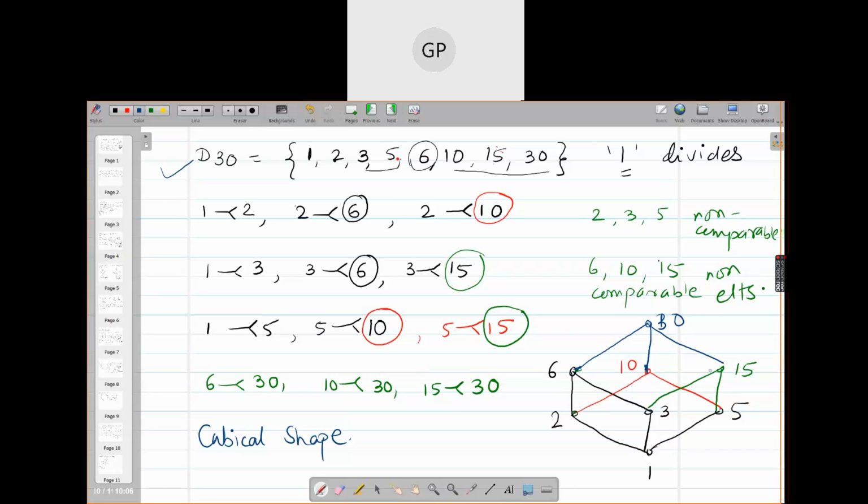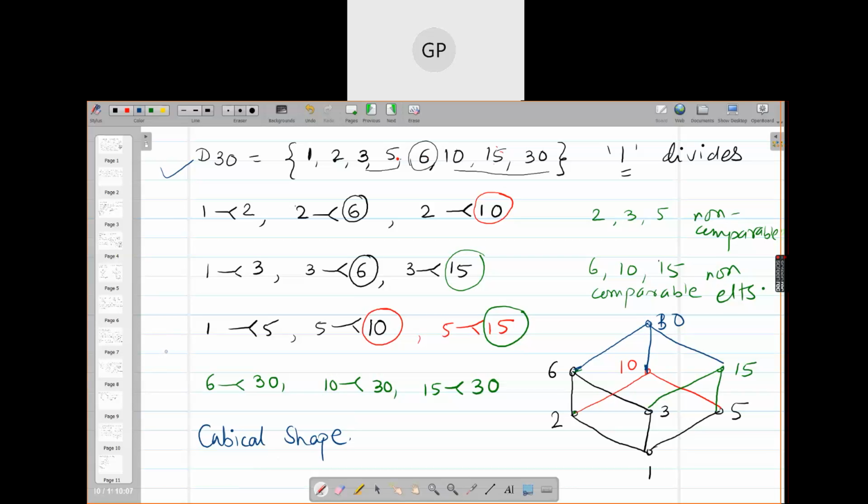They meet only at the vertices. This is not a crossing. See, the red line 2 to 10 and 3 to 6, these two lines are not intersecting each other. Please try to understand this. This is not an intersection of lines. This is a cube I am drawing on a plane, that's why it is looking like this. But in 3D there is no intersection in a cube. Only at the vertices the lines meet each other. Have you understood it?